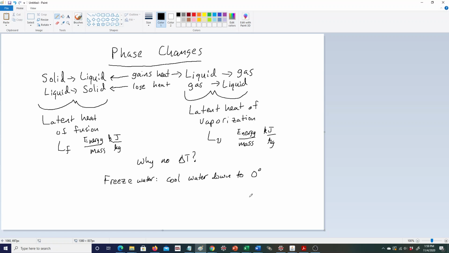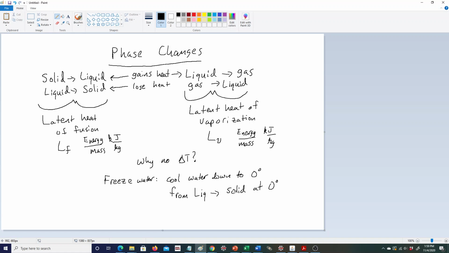Then once the water is at 0 degrees, as I continue to expose it to the cold temperatures, it will freeze. It will go from liquid to solid at 0 degrees. So there's no temperature change to move from a liquid to a solid.